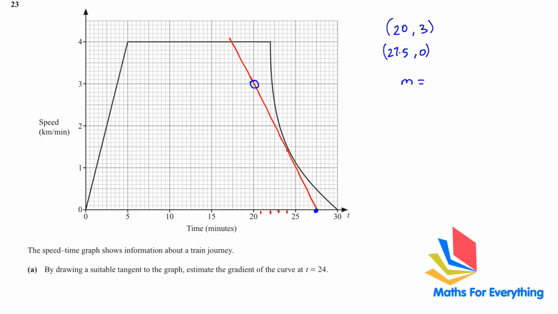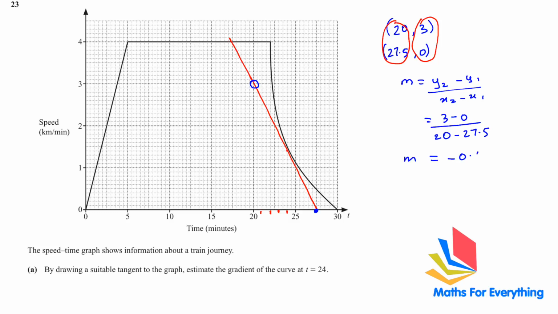To find the gradient, we use the formula y2 minus y1 over x2 minus x1. So we subtract 3 minus 0 in the numerator, and in the denominator the x values, which is 20 minus 27.5, and the gradient is negative 0.4. If you have the gradient in the range of negative 0.7 to negative 0.3, your answer will be marked right.